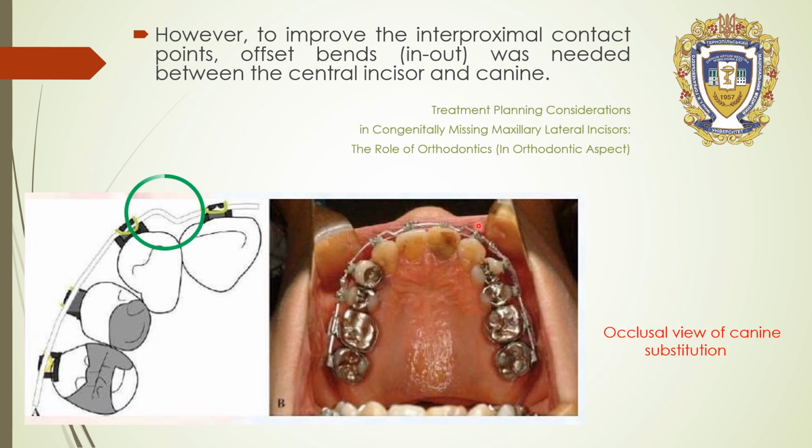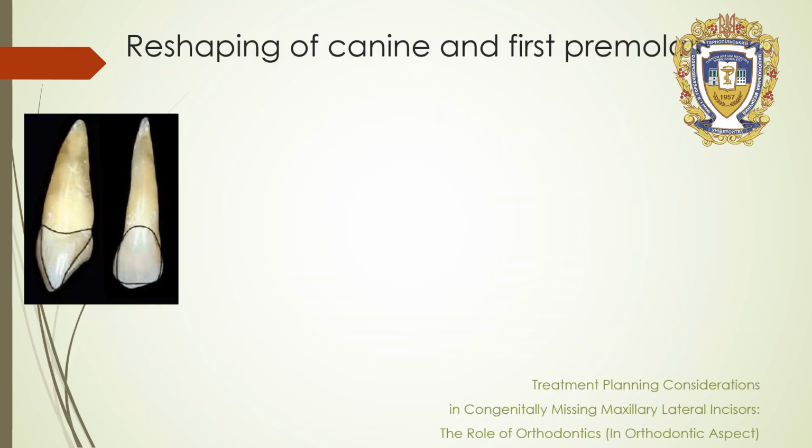They are shown in occlusal view of canine substitution. And then we need to do reshaping of the canine and first premolar. We need to reshape the canine like a lateral incisor and the first premolar like a canine.